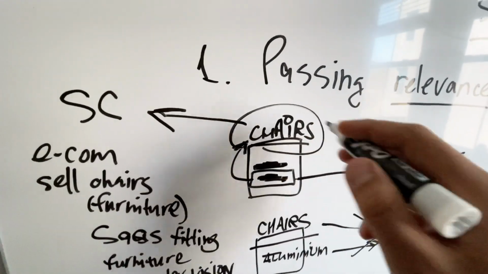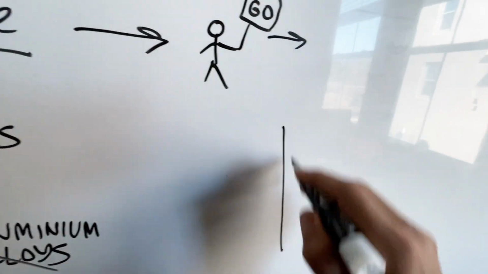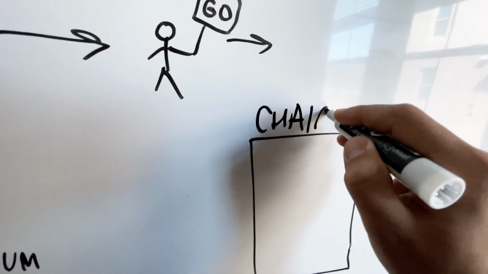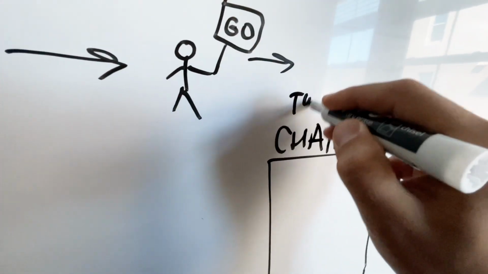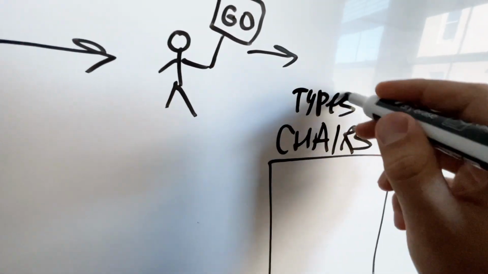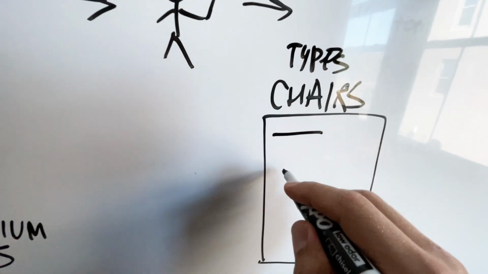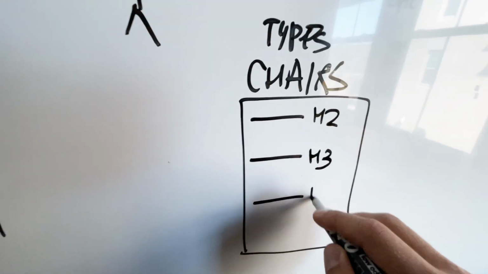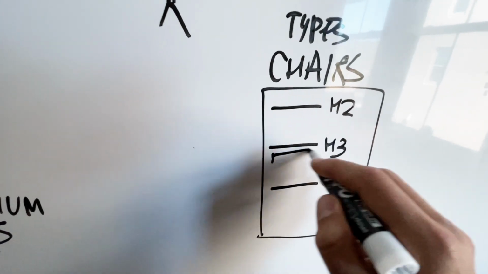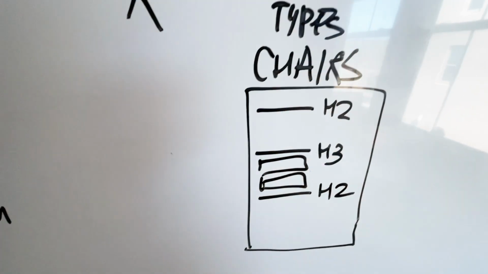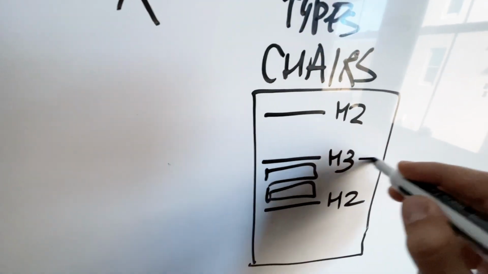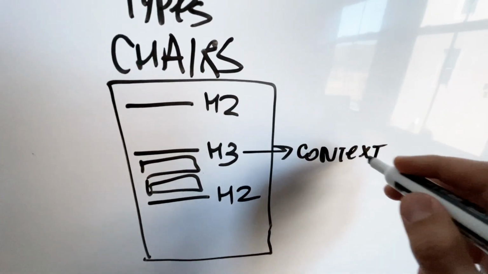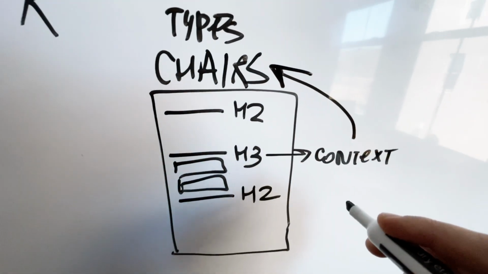So think about relationships, and also think about the format of an article, because as I've said, chairs, right? This is types of chairs, and you have one type of chair here, one type of chair here. These are headings like H2, H3, H2, and then you have paragraphs. So the heading should contain context related to this, okay?